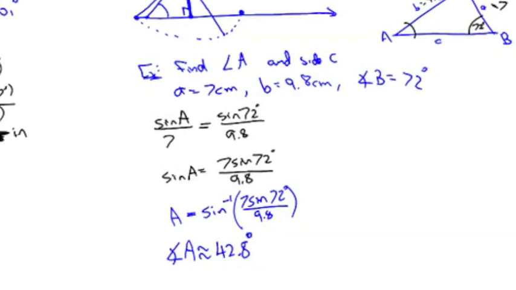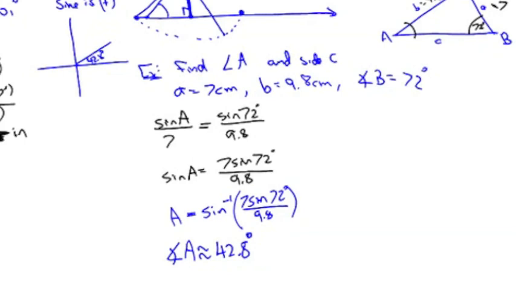Now here's the problem with the sine function. Sine is positive. In what quadrants is sine positive? First and second. So if the angle is in the first quadrant, it would be 42.8. But remember that sine inverse only works in the first and the fourth. It is absolutely possible that this angle is in the second quadrant.